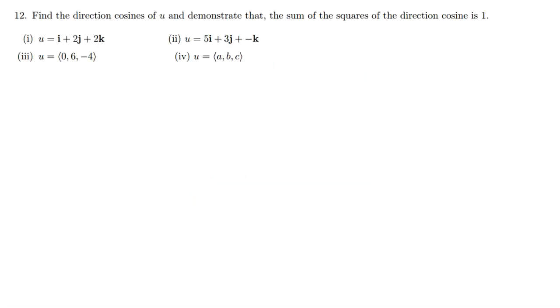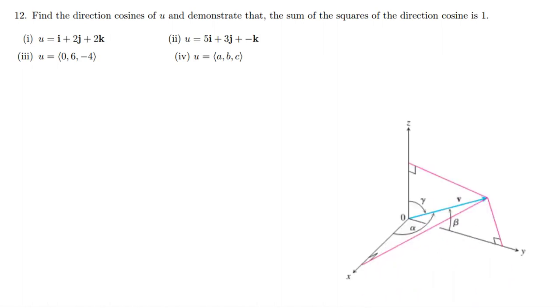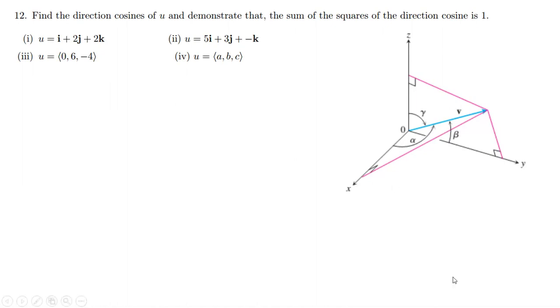So here, before we even start solving this question, the first thing that you need to understand is what a direction cosine, or direction cosine angle, is. To explain that, I want you to look at this diagram here.